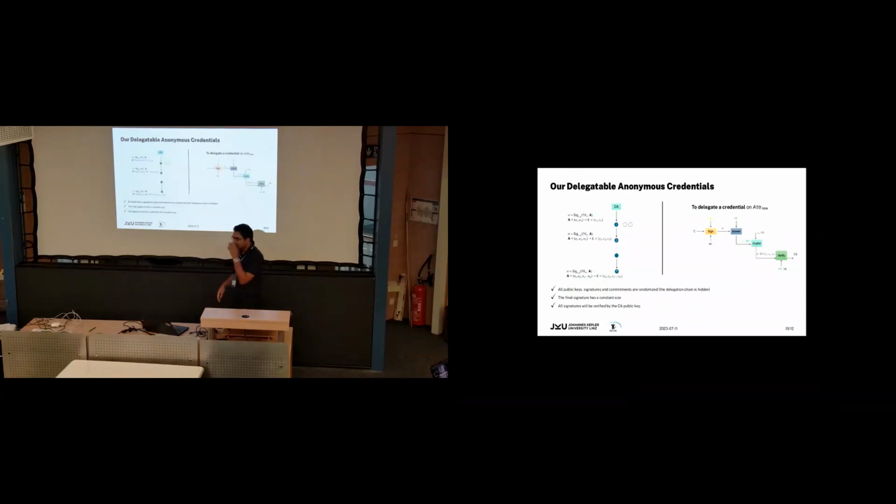So now we see that we can plug these new primitives in to construct the delegatable anonymous credential. It's easy, basically, just straightforward. You have the CA, a root authority, which generates the root credential for a user at the first level.